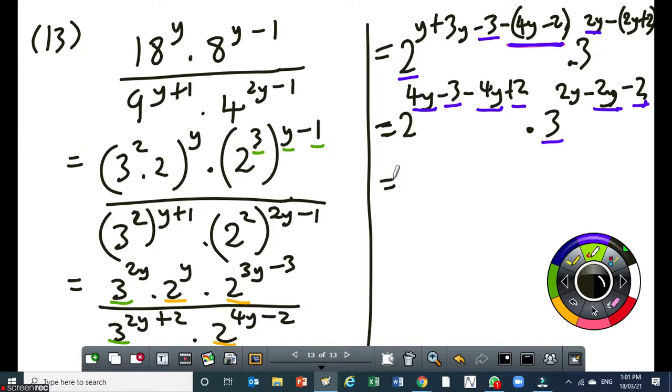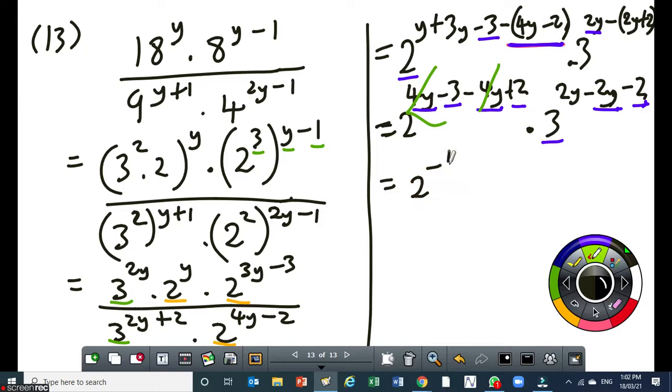Now I'm going to cancel out some of the terms. This 4y and that 4y will cancel, so I'll end up having minus 3 plus 2, that will give me negative 1. So I'll end up having 2 to the power of minus 1. Then here the 2y and the minus 2y will cancel out, and I'll be left with 3 to the power of negative 2.